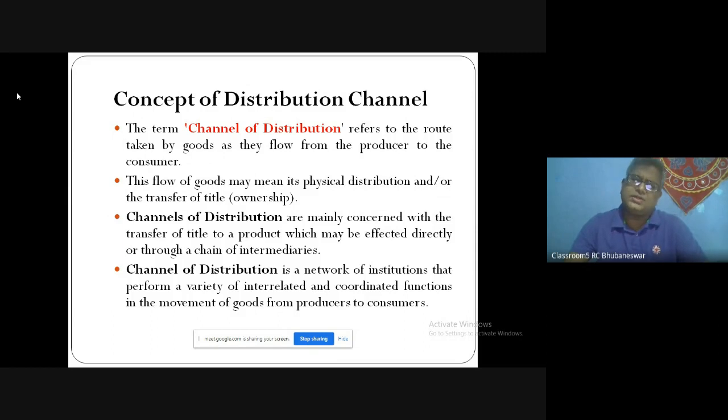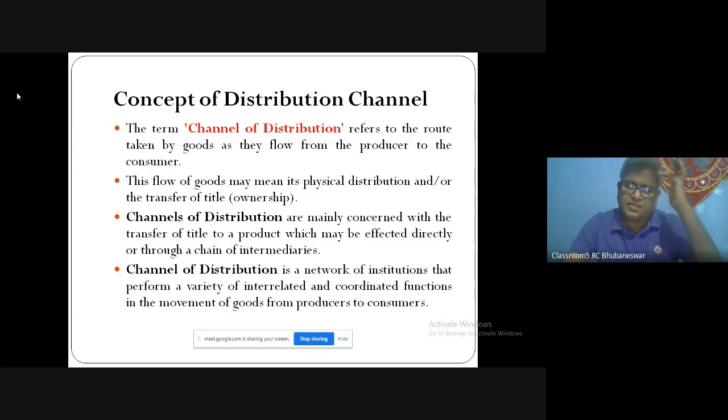And when the customer procures the product through a particular channel, he or she may be happy that they got this product in a very smooth way. That is the way through which you can transfer the title of the product from one destination to another.